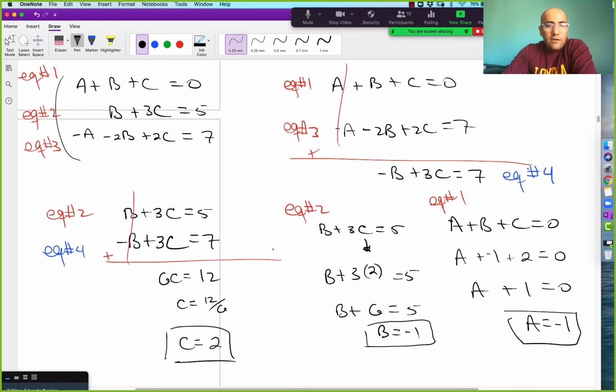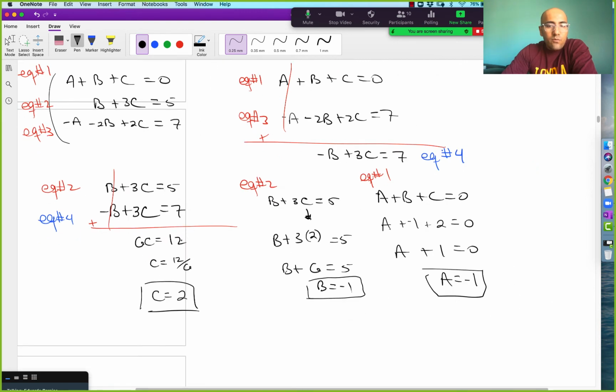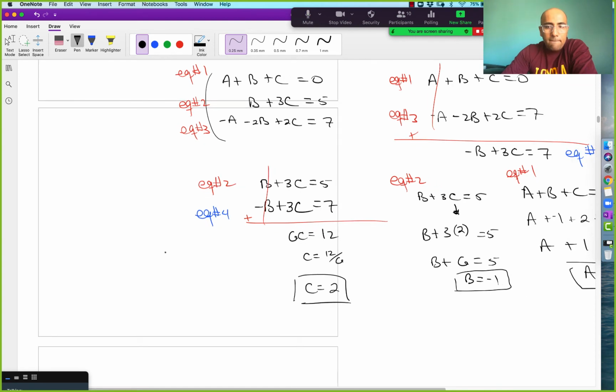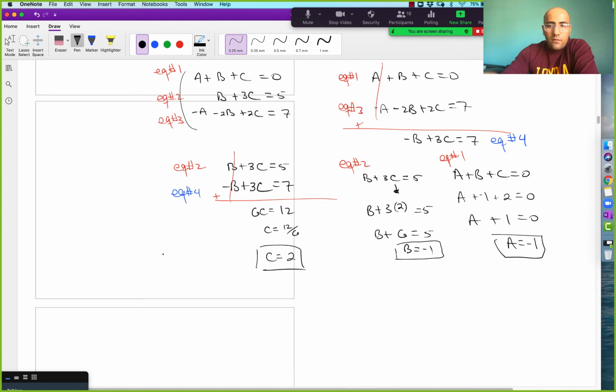Okay, we can check our system to make sure that it works out. Let's zoom out a little bit so we can check against our system.